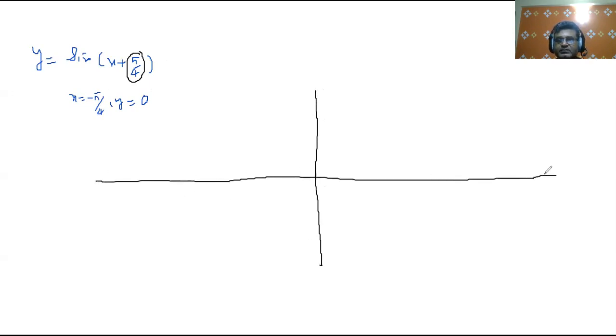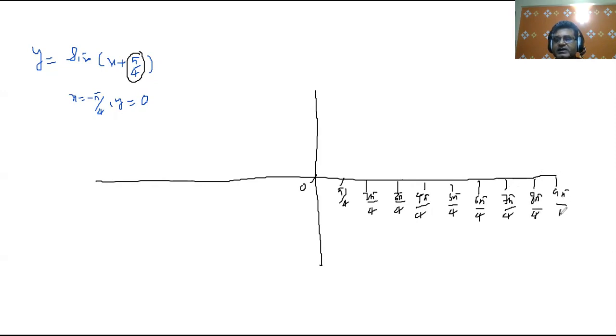Everything will be expressed in terms of pi by 4: 0, pi by 4, 2 pi by 4, 3 pi by 4, 4 pi by 4, 5 pi by 4, 6 pi by 4, 7 pi by 4, 8 pi by 4, likewise 9 pi by 4, it will go up to infinity.